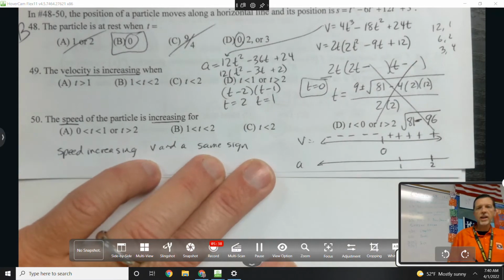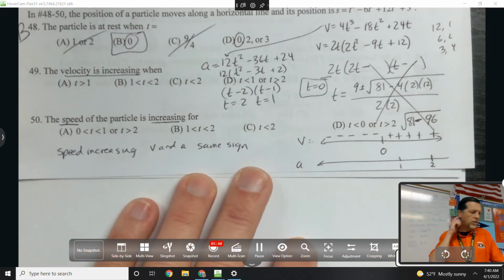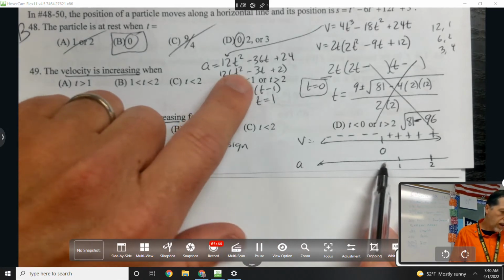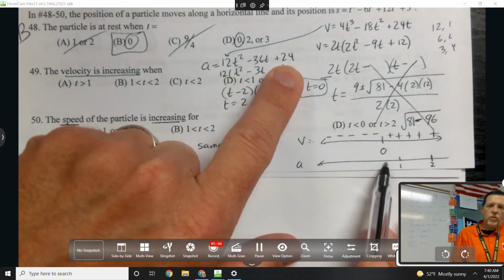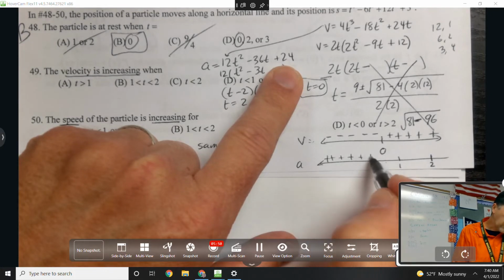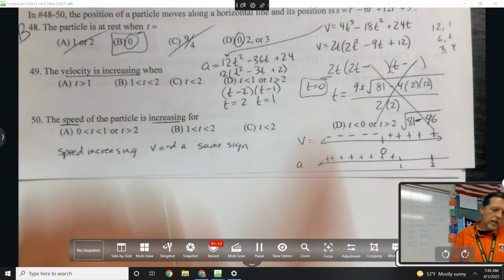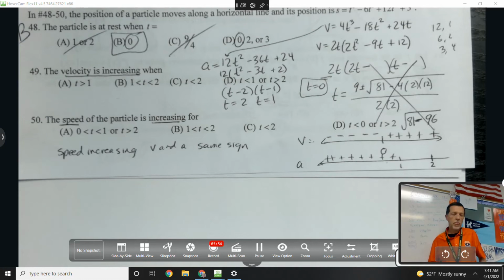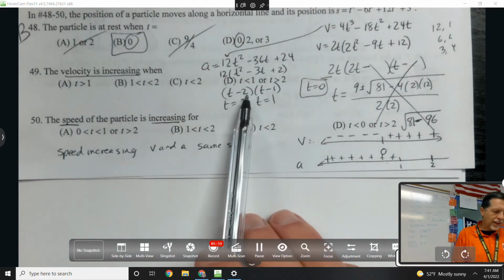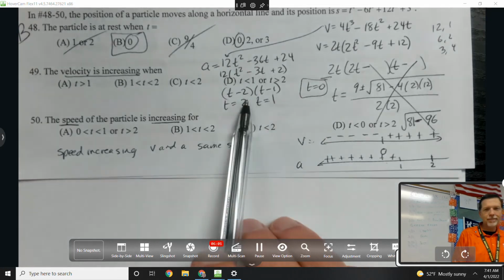So for my acceleration sign chart, if I plug in 0, I get positive 24. So I know its acceleration is positive everywhere left of 1. And if there were no repeating factors, I can do this kind of shortcut here.